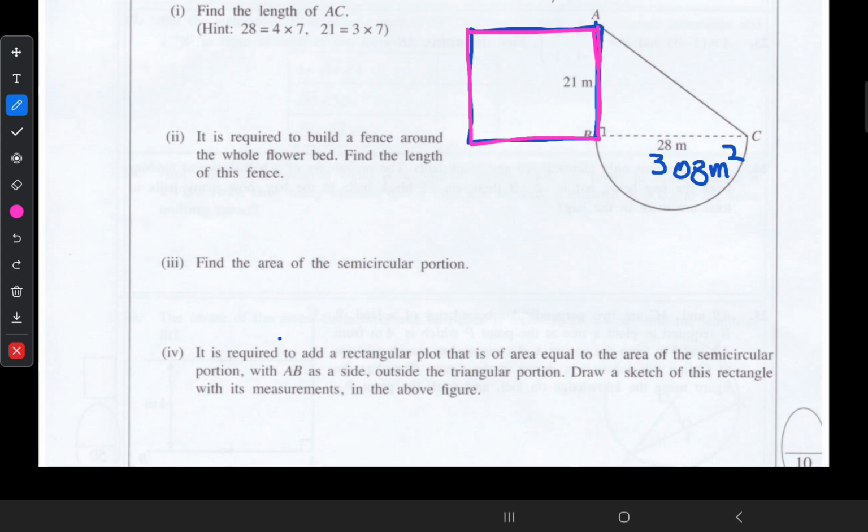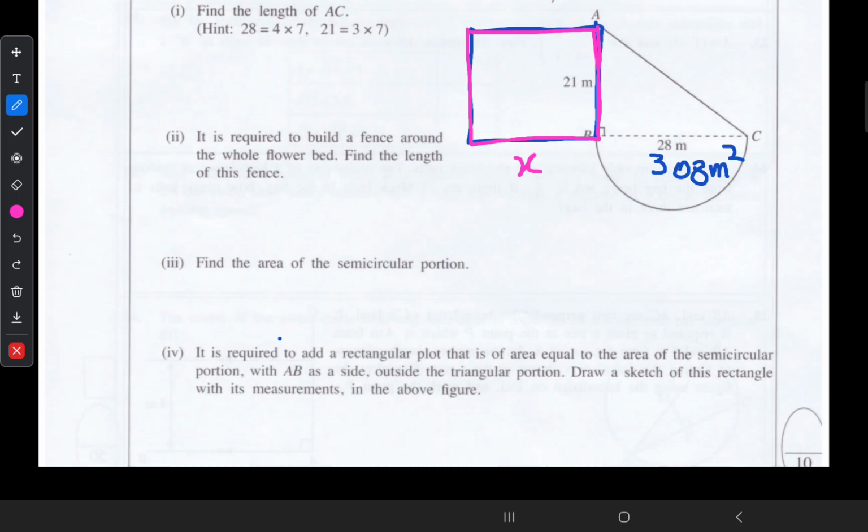For that, we can use another thing, because the data given is that the area of this rectangle equals the area of this semicircular portion. So we don't know what the breadth is. When we consider 21 as our length, we don't know the breadth. We need that for our measurement.